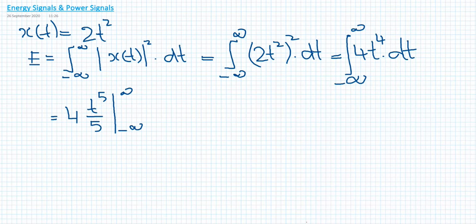When you substitute the infinity in t, the variable here, infinity minus minus infinity gives me infinity. So I got an infinite energy in this case.